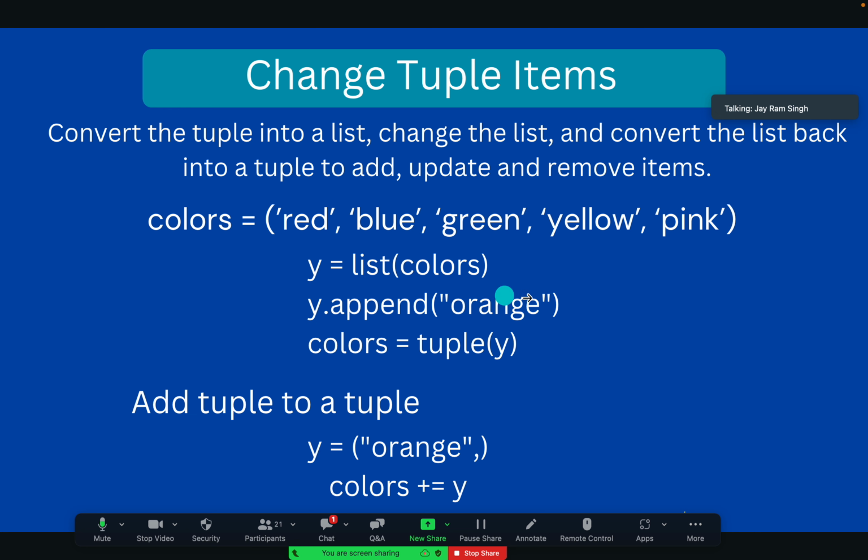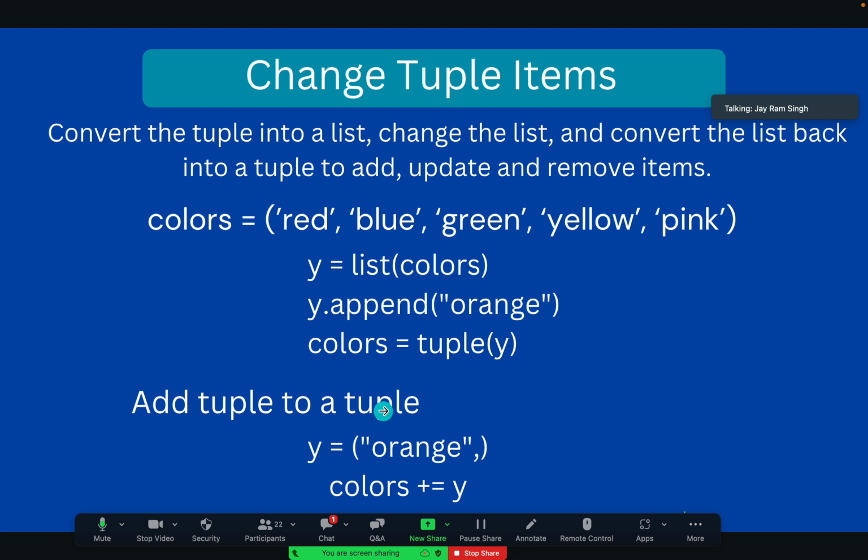Then in the list you can append one item. Yes, right. And once appended, convert that list back to a tuple using the tuple constructor, and you will have one tuple with the new value appended, which is orange.